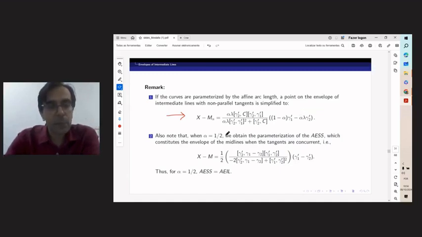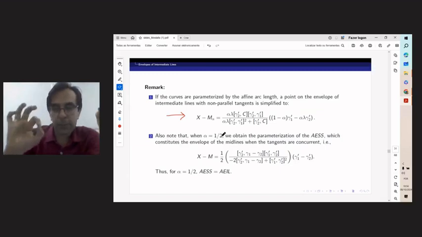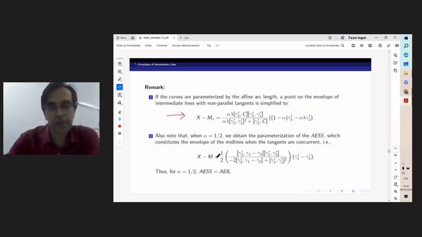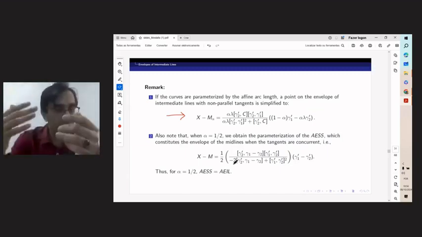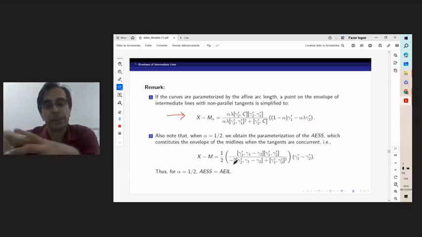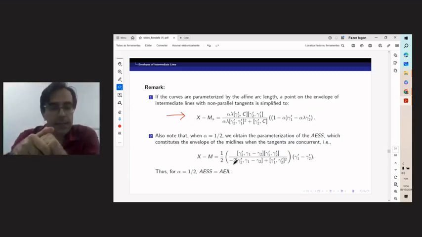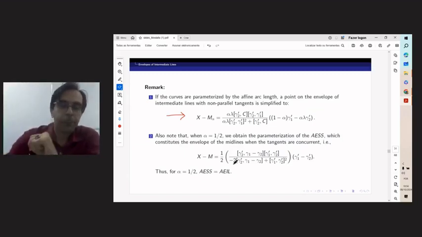When alpha is exactly the midpoint, the result is exactly the affine envelope of midpoints, which I mentioned before.